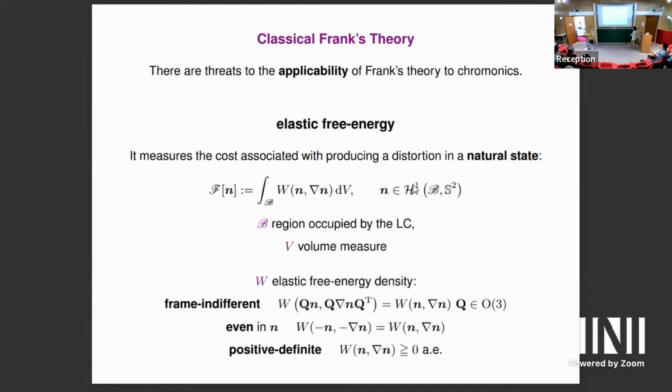It must be even in the director in order to account for the head-tail symmetries, and so it must be indifferent to changing n into -n, and it must be positive definite, and this property deals with the fact that the elastic free energy measures the cost associated with producing a distortion in the natural state, to which zero free energy is associated.